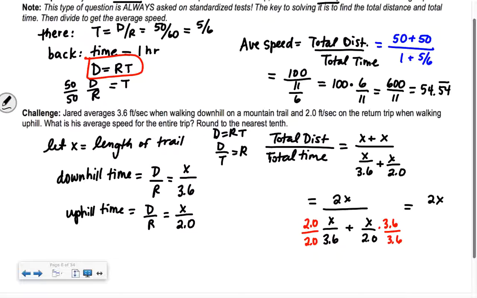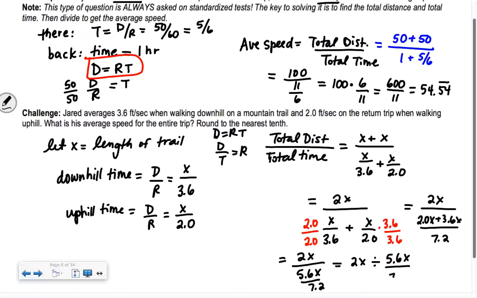So we get 2x over 2.0x plus 3.6x all over their common denominator of 7.2. It gets a little messy. So we have 2x over 5.6x over 7.2, and it seems weird, but the x's don't even matter.